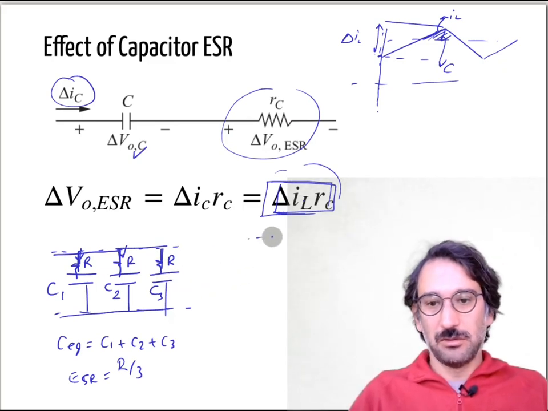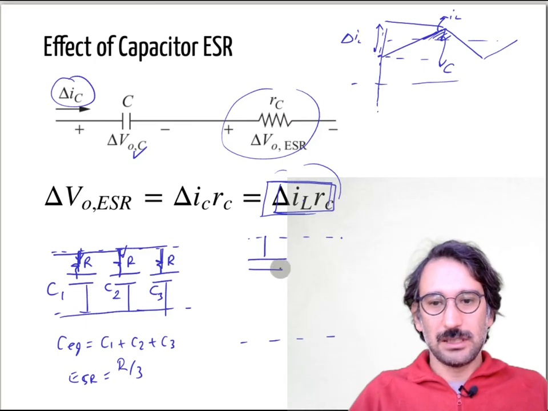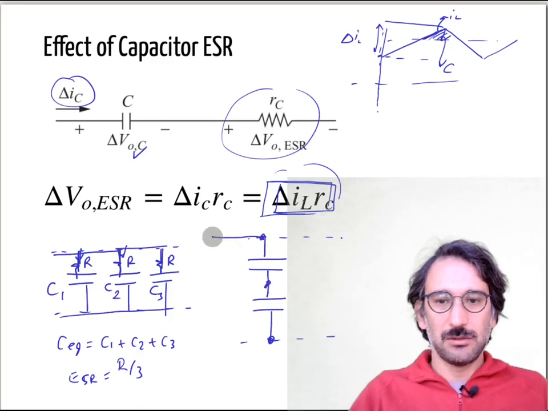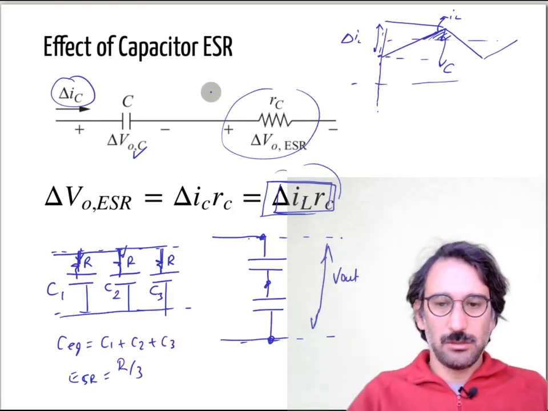And again you can think of connecting capacitors in series. It's not a good practice, but sometimes you have to do it to increase the voltage rating of your capacitors. But there are two things you need to be careful about.